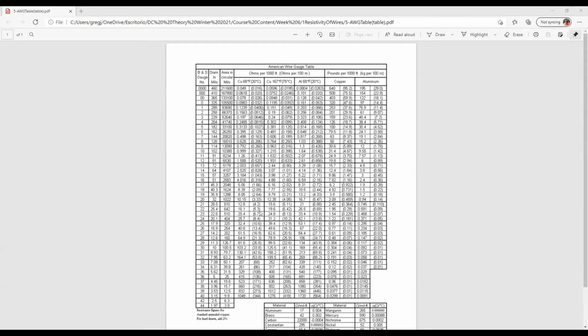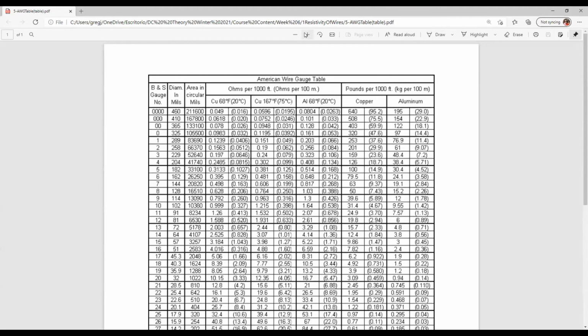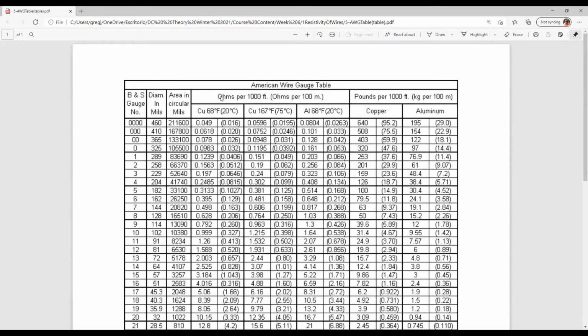Remember that the value was 83,000, right? So indeed, that's going to be a number 1 conductor.